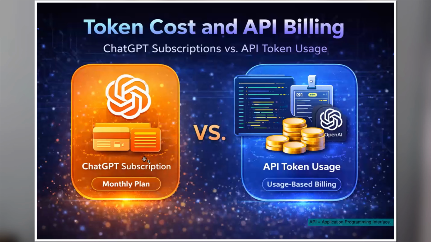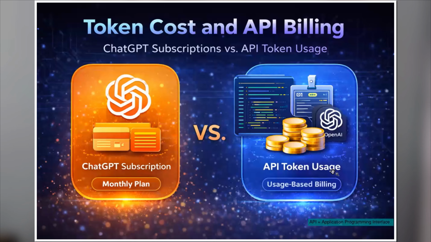This cost is what we call usage-based billing, or API token usage. It's actually per how much input and how much output, and the model calculates and tells you how much it costs you.